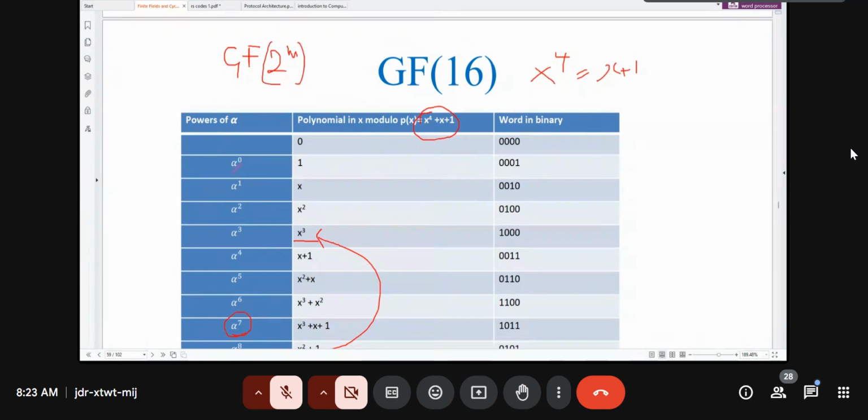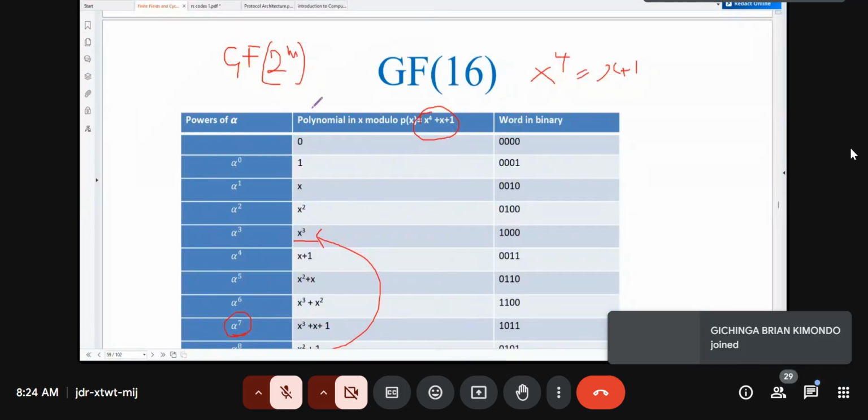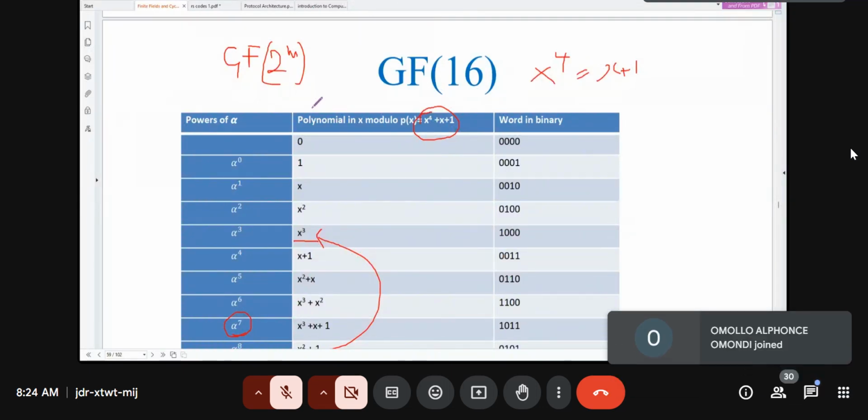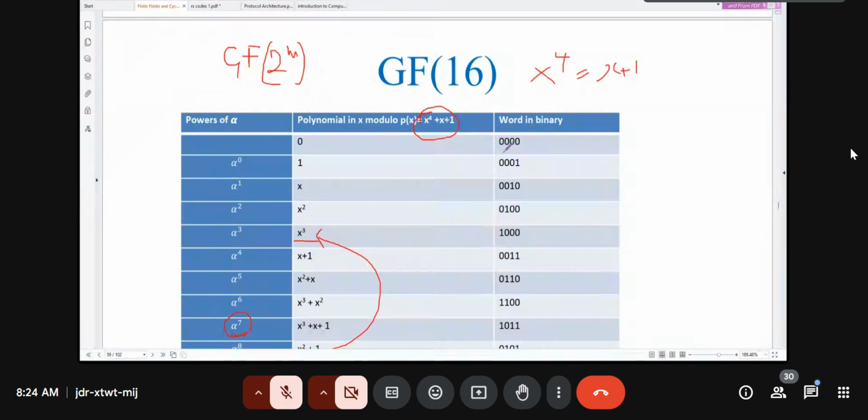Because it is GF of a prime number to a power m. And for us, actually, we can still do it with GF3. It will still work out, but for non-binary codes, where we are using Galois field 3, we'll be doing 3 to the power of 1, 3 to the power of 2, 3 to the power of 3. So the one which we used to generate these elements is any irreducible polynomial of degree m.